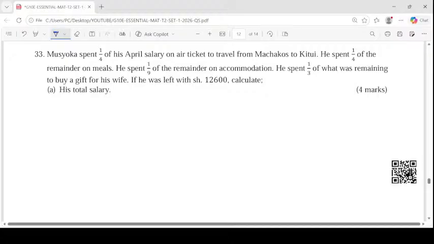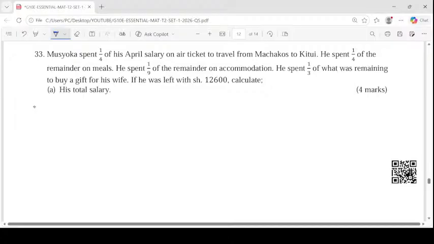Musyoka spent a quarter of his salary on air ticket to travel from Machakos to Kitui. He spent a quarter of the remainder on meals. He spent a ninth of the remainder on accommodation. He spent a third of what was remaining to buy a gift for his wife. If he was left with 12,600 shillings, calculate part A, his total salary.